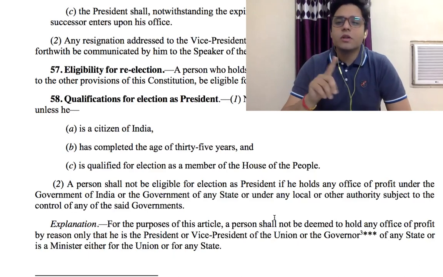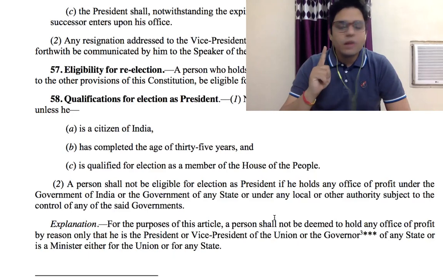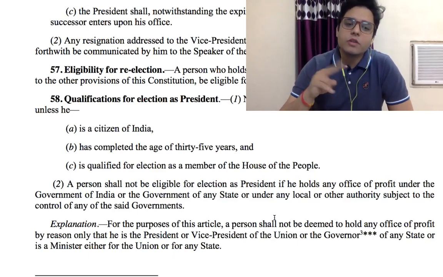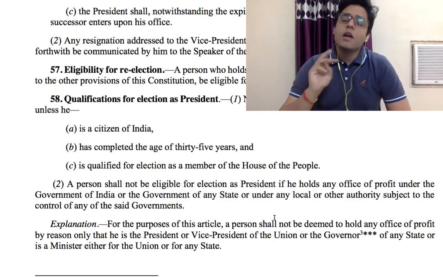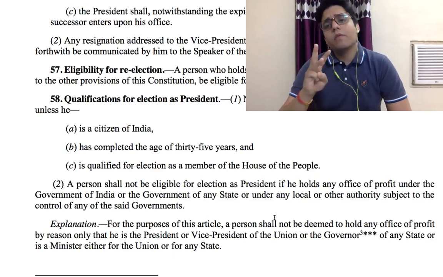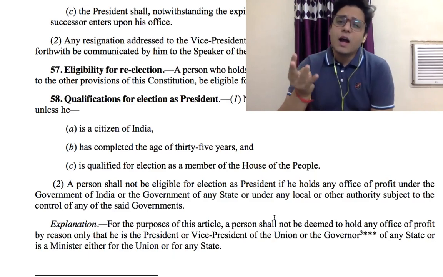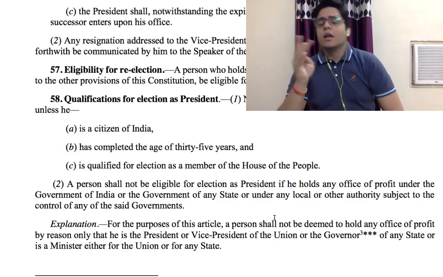What are these four posts? If a person is holding the post of president, he will not be debarred from contesting as president. If he is holding the post of vice president, he will not be debarred. If he is holding the post of governor, he will not be debarred. And finally, if he is a minister, either in the union government or in the state government, he will not be debarred.